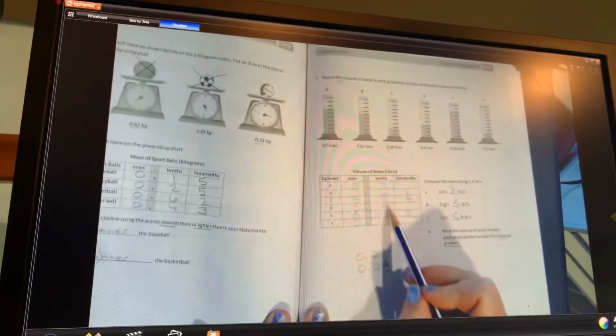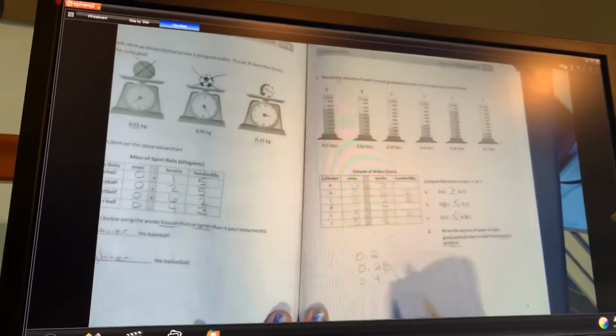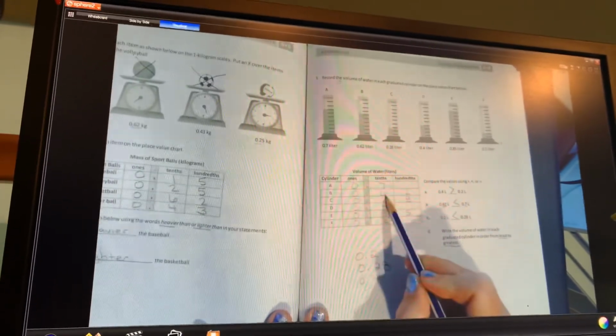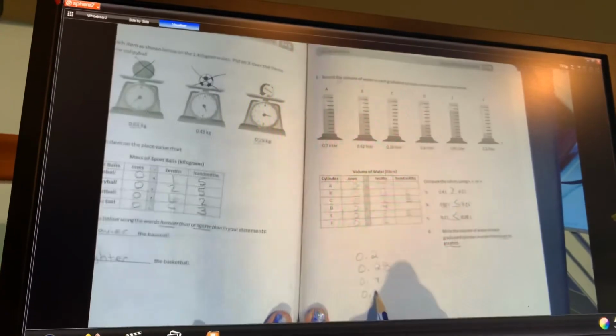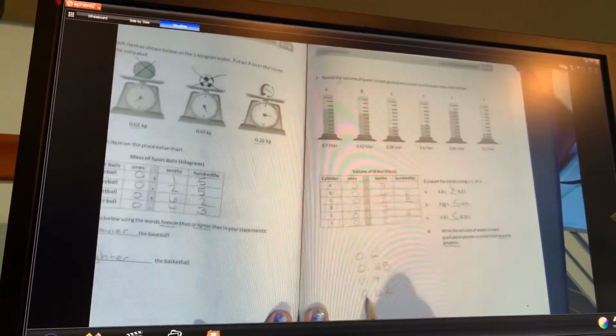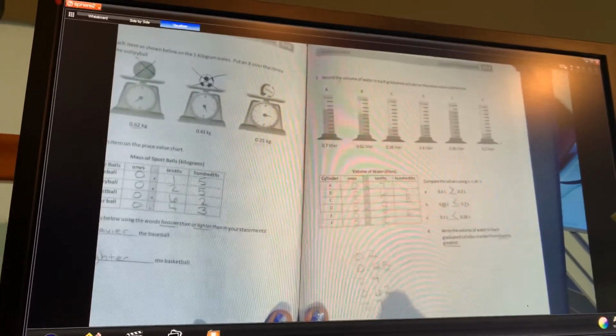Then there's no 3s. Next number would be 4, so we'll put our 4 tenths. After 4 would come 5. There's nothing with a 5. Then there's 6. After 6 would be 7. After 7 would be 8.